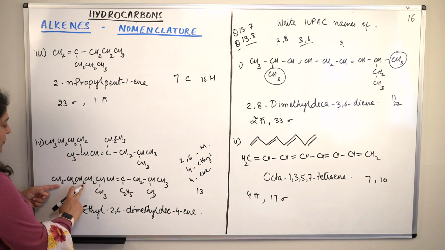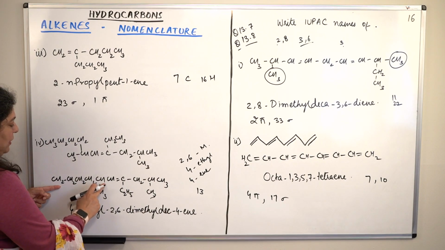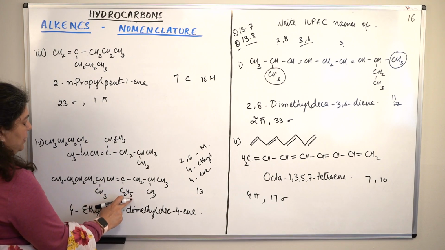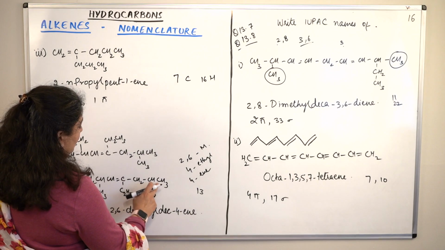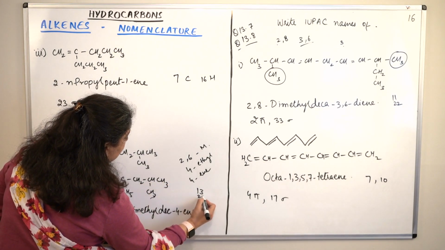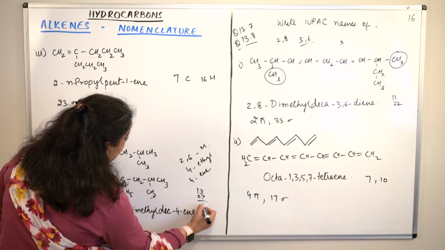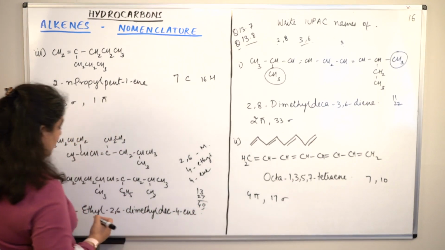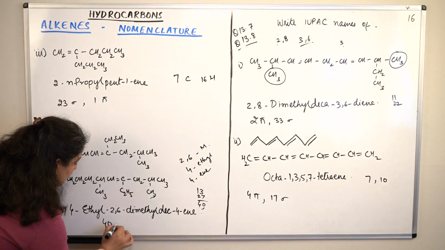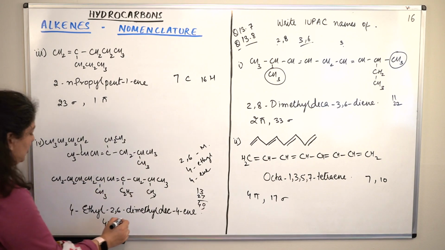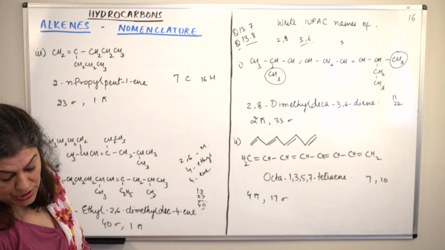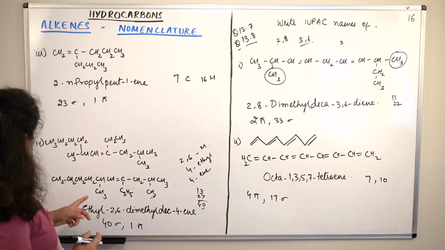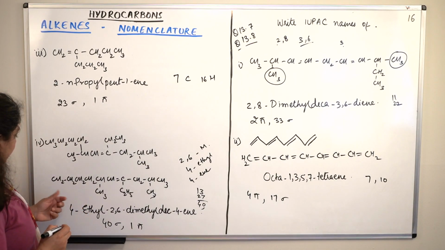There seem to be 40 sigma bonds. And how many pi bonds? I see only 1 double bond, so there's only 1 pi bond. 40. It says 41. Where have I gone wrong then?